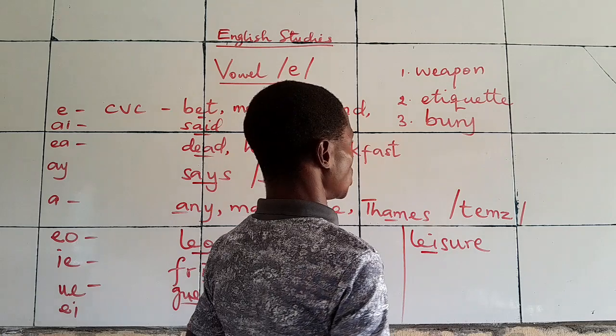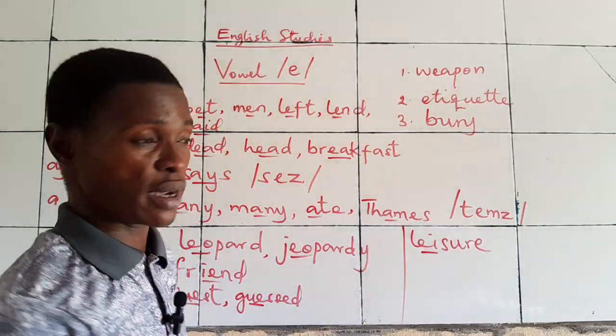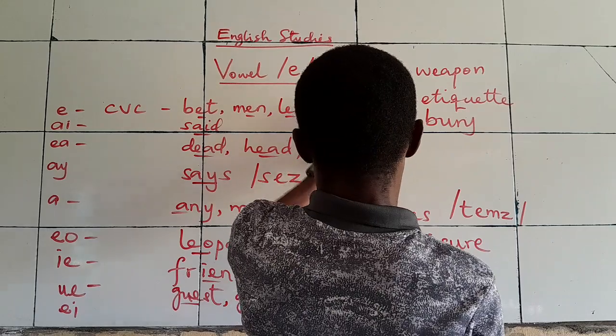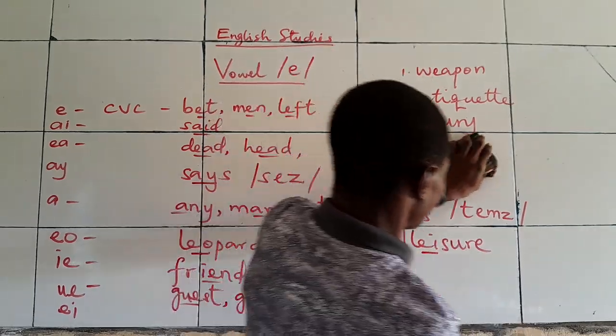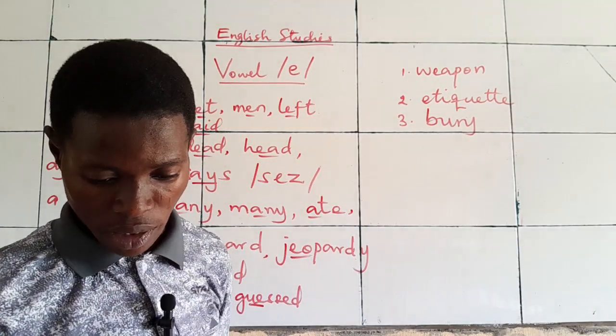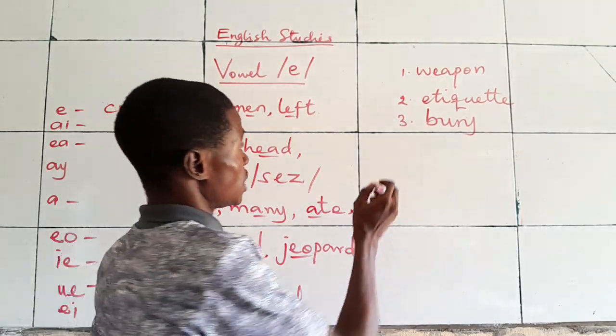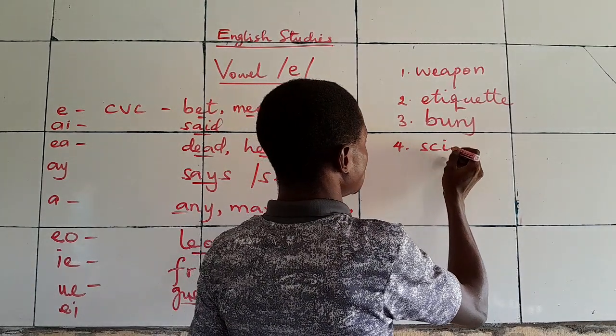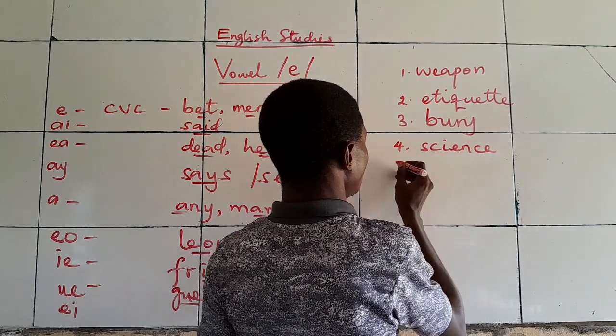B-U-R-Y. Take note whether we have the sound E in those words as well, or we do not. Apart from that, consider this word, S-C-I-E-N-C-E.